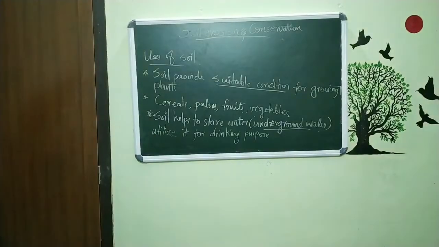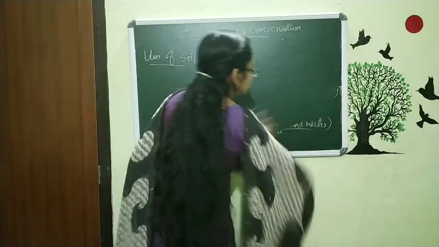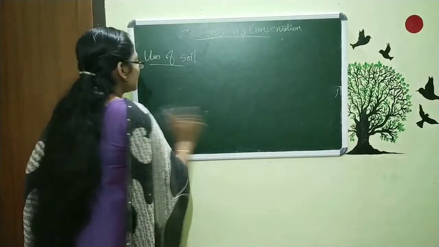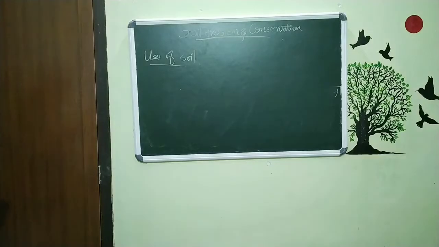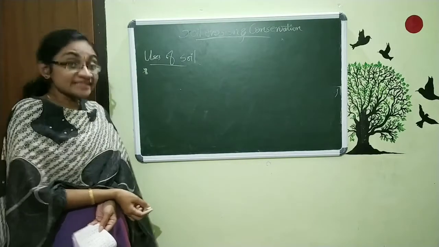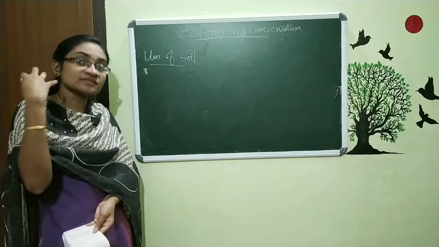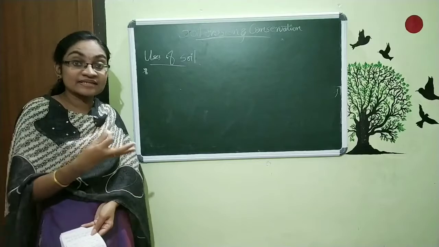Now we are moving to the next use of the soil. Within the soil, we know different types of components are there. Components means different types of soil: sand is there, clay is there.